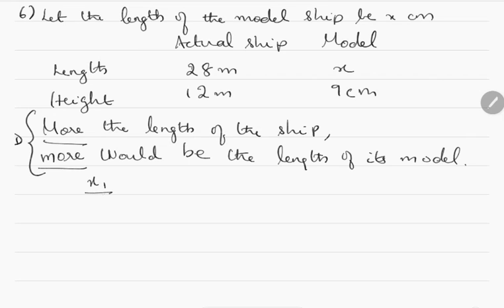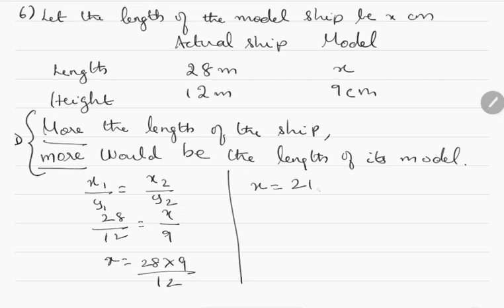Now x1 by y1 equal to x2 by y2. 28 by 12 is equal to x by 9. x is equal to 28 into 9 by 12. x is equal to 21.